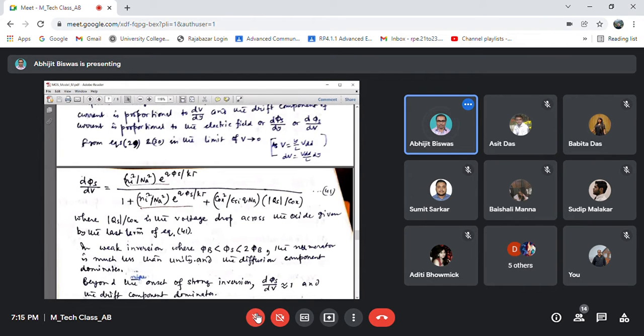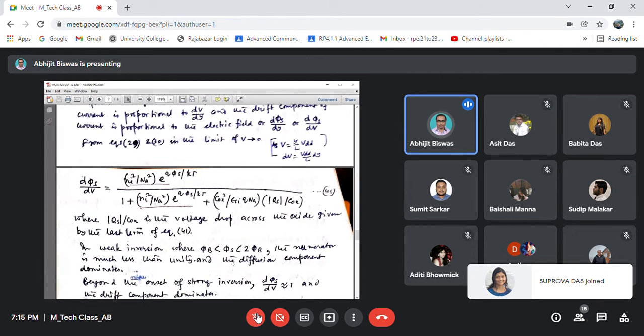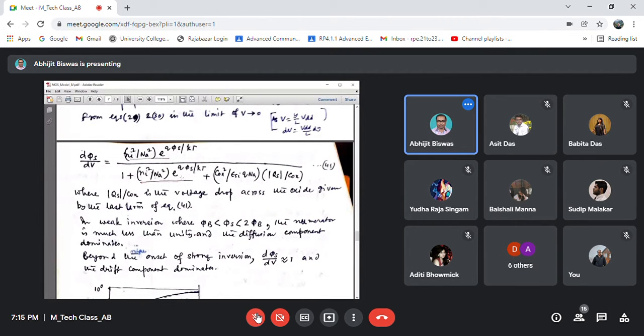So when the device operates in the subthreshold region, or the weak inversion region, in the numerator you see this term is not much. Therefore, this d phi s dv is much less than unity.